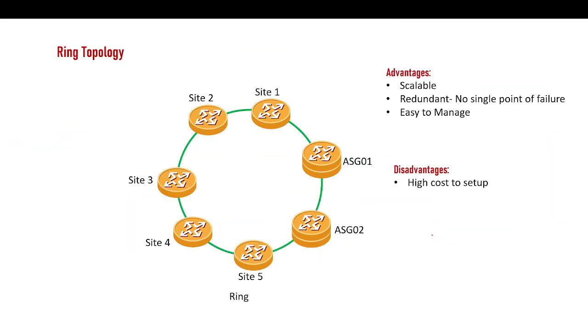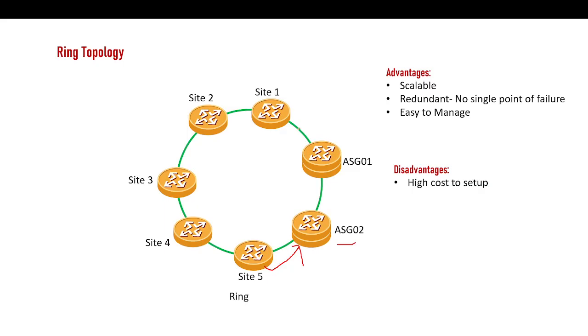Now we have the most preferred topology, the ring topology. With the ring topology, you can see that these CSGs are connected to form a ring: Site 1, Site 2, Site 3, Site 4, Site 5, and then they connect back to the aggregation nodes, SG1 and SG2. These could be in the same location, but it's better if they are in different locations.